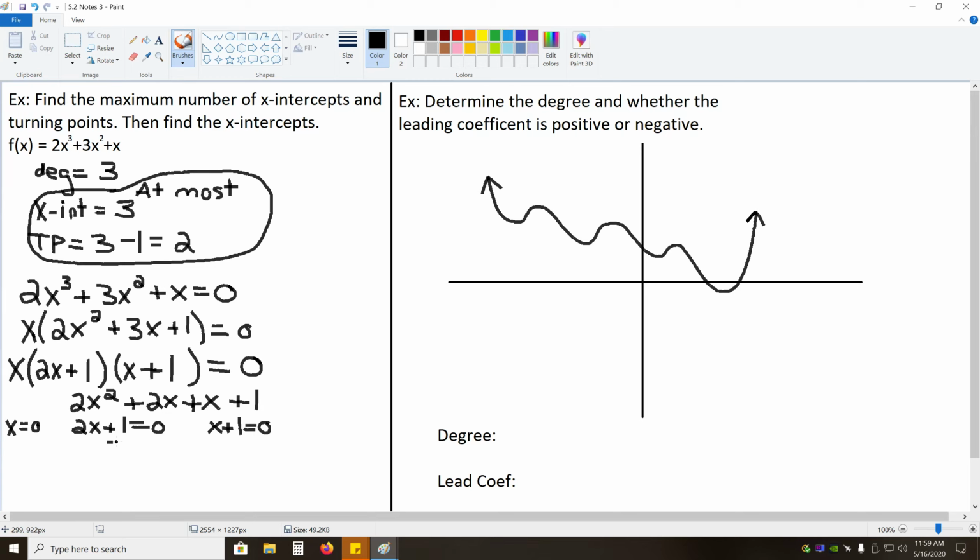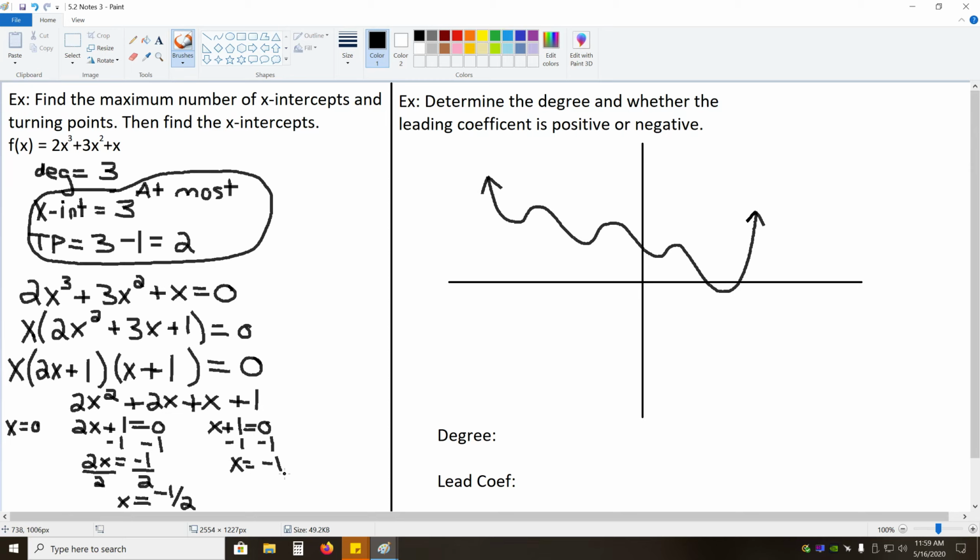The second one, we subtract 1 from each side to get 2x equals negative 1, and then divide each side by 2 to get x equals negative 1/2. And over here, we subtract 1 from each side to get x equals negative 1.